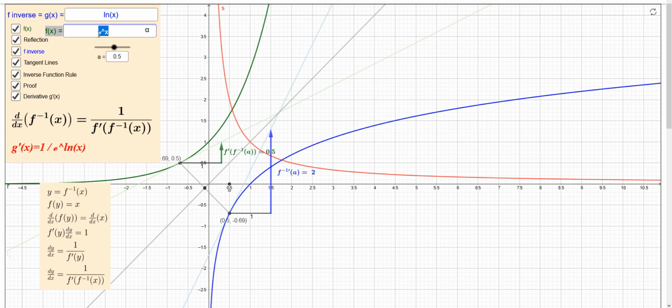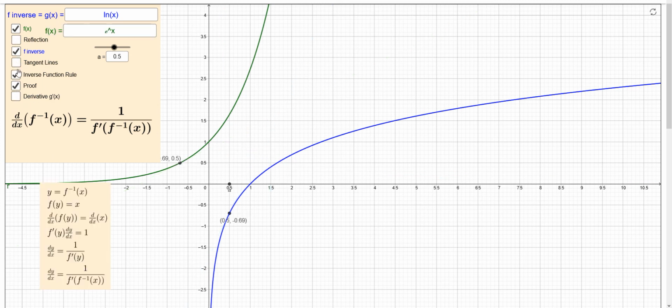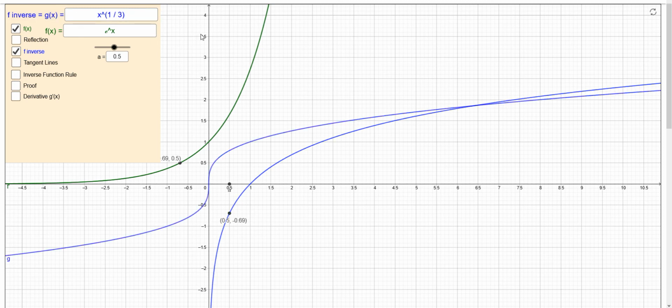So this was, let's turn off some of this stuff. And let's look at this. The one we were looking at is x to the power 1/3, which is this one. That's still a reflection of the e to the x.